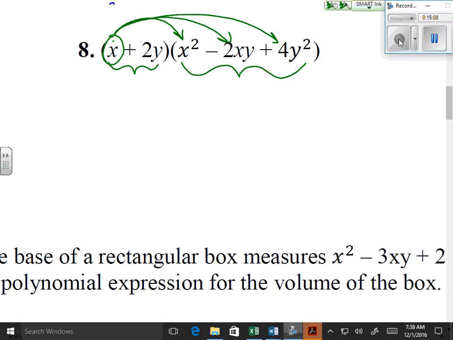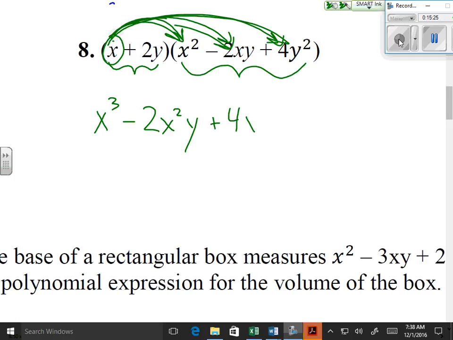That would become x to the third. From here, this would be x times x squared is x to the third. This would become negative 2x squared y. And the last one would become plus 4x y squared, right. Then we go and we distribute the 2y.